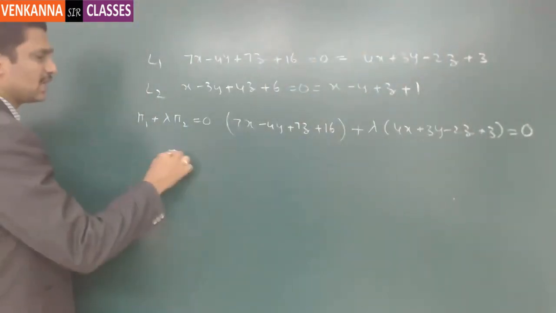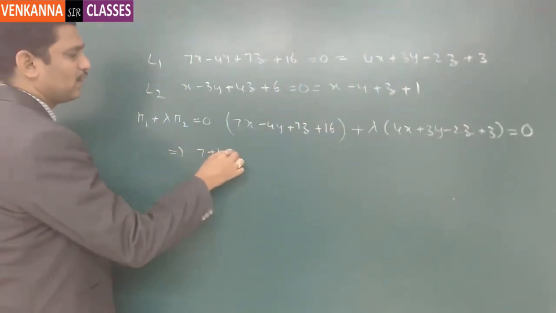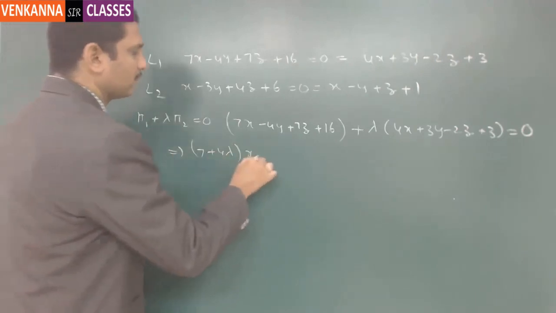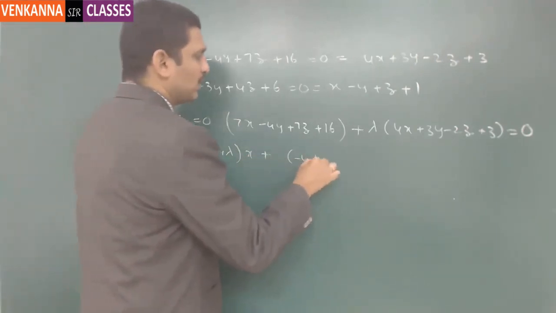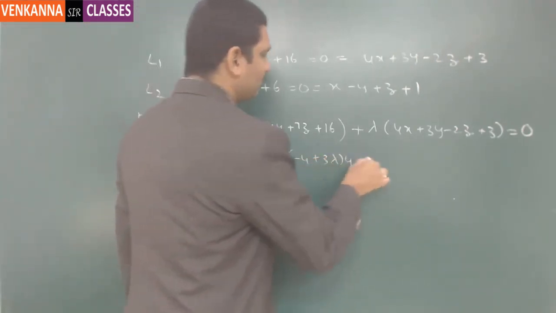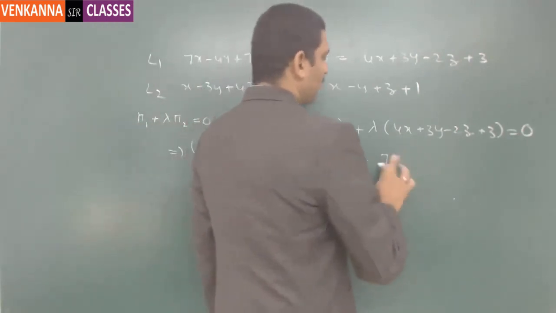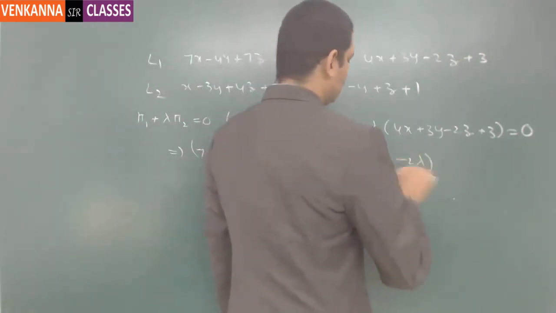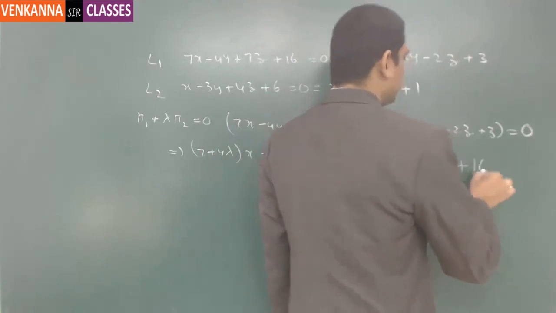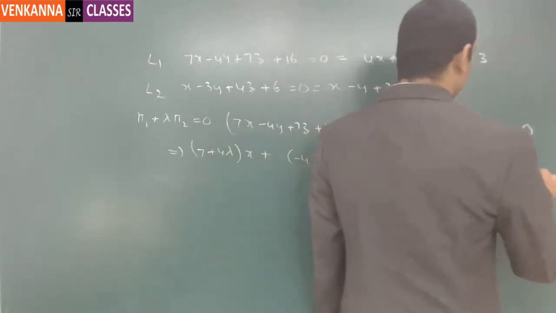Taking the terms as common, (7 + 4λ)x + (−4 + 3λ)y + (7 − 2λ)z + (16 + 3λ) = 0.